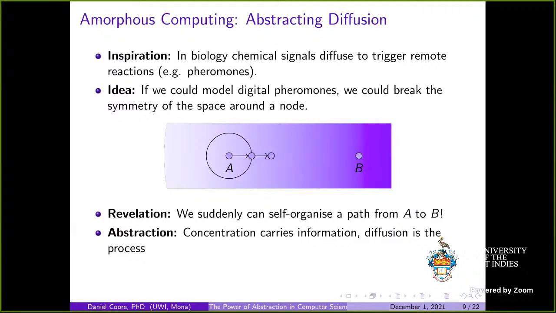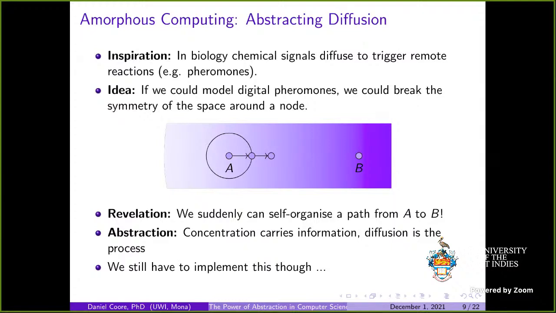And that process that we're trying to simulate here would be diffusion. So what we recognize is that by viewing concentration as a carrier of information and diffusion as a process that moves that concentration around the space, the abstraction of it enables us to compute. That was the idea. In this case, a path.